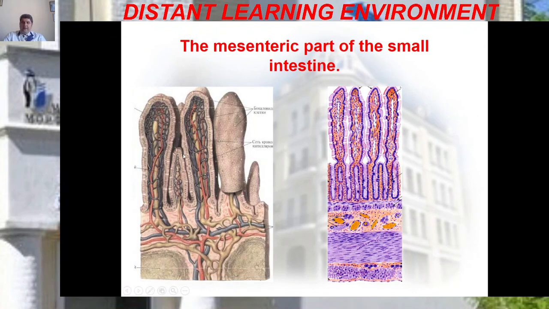So in the jejunum and ileum, resorption of food, of the meal is performed, and this is the main function of these parts of the small intestine.